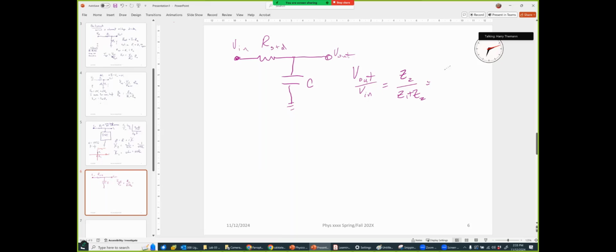And that's going to be 1 over 2 pi FC divided by R plus 1 over 2 pi FC. Now, also, I forgot to mention the units are ohms. So you stare at this, both Z2 and Z total vary with frequency.